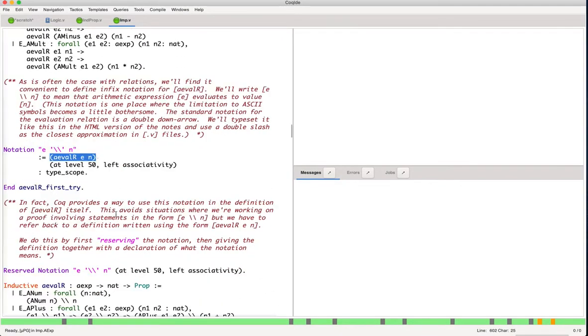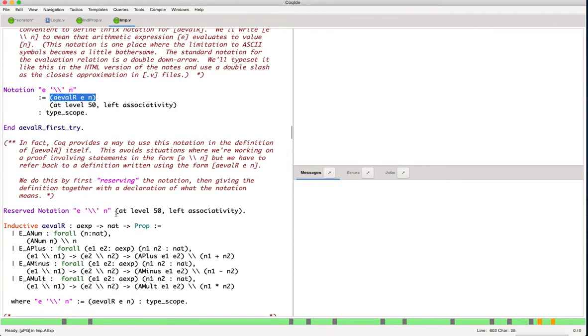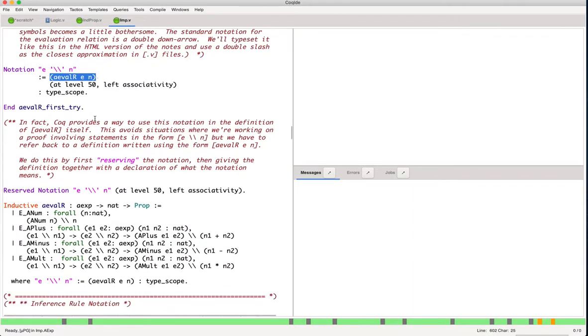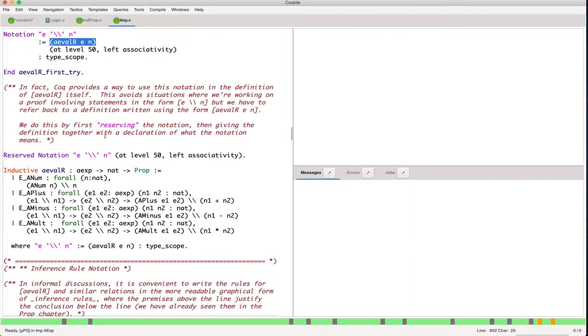This version up here relies on you defining a thing in the long-handed way first and then writing a notation, so from then on you can use the notation. But often it's nice to use the notation in the definition itself, which is what this Reserved Notation does.